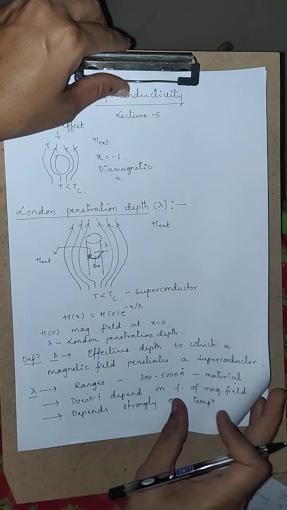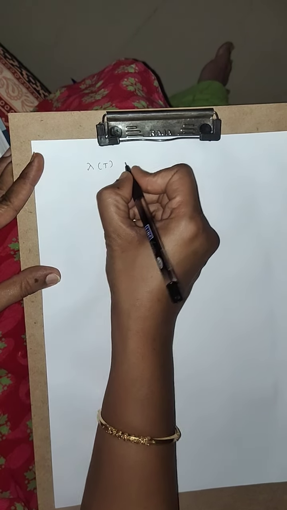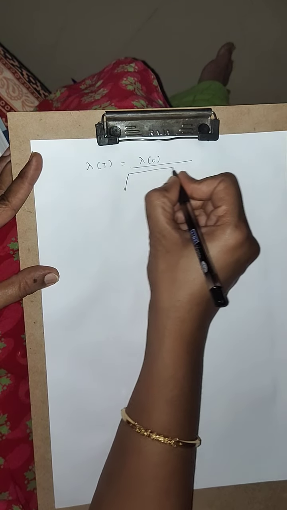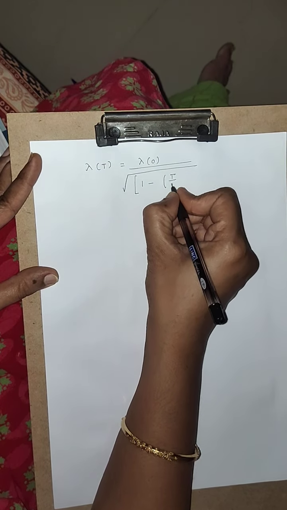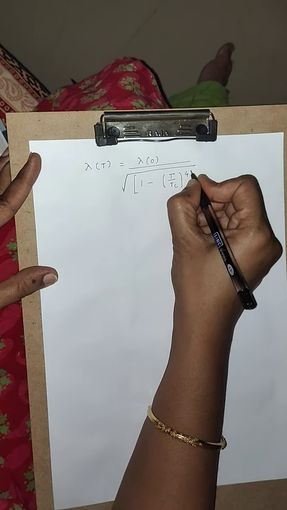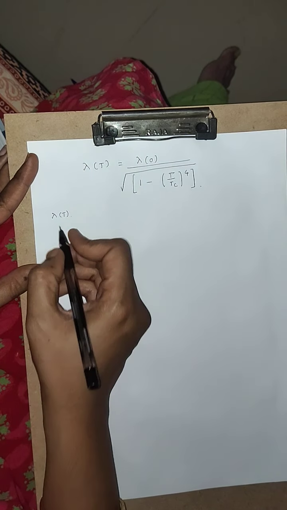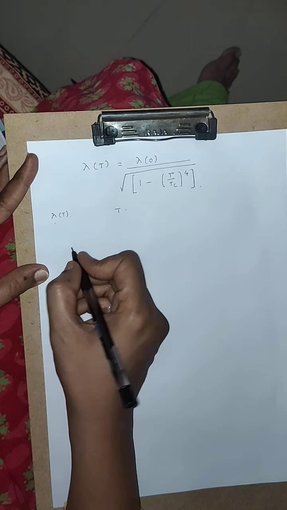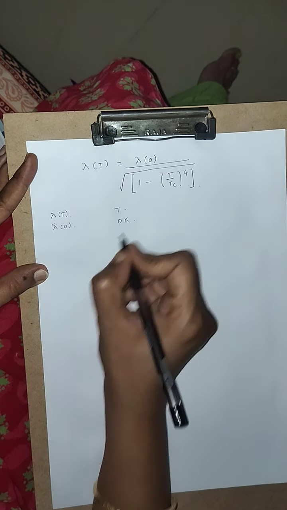So we can write the formula for this effective length as lambda of T is equal to lambda of 0 divided by square root of, inside the bracket, 1 minus T divided by Tc raised to 4, bracket complete, where lambda T is the effective London penetration depth at temperature T, and lambda 0 is the London penetration depth at 0 Kelvin.